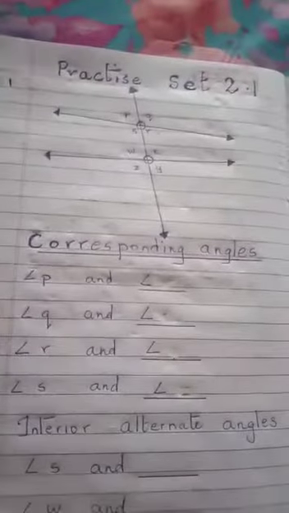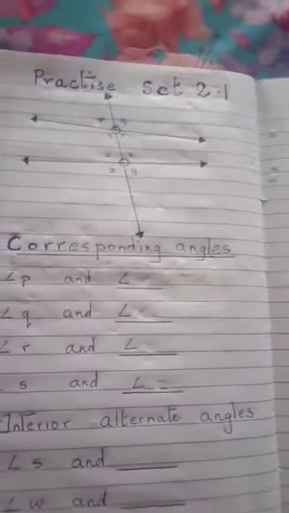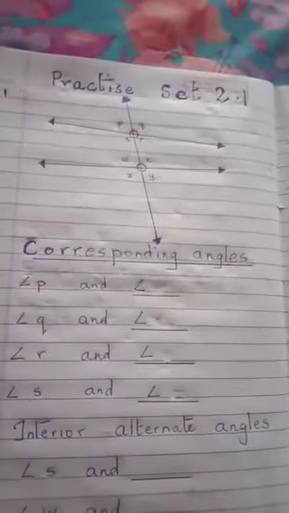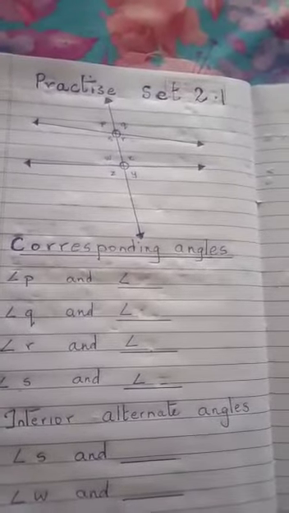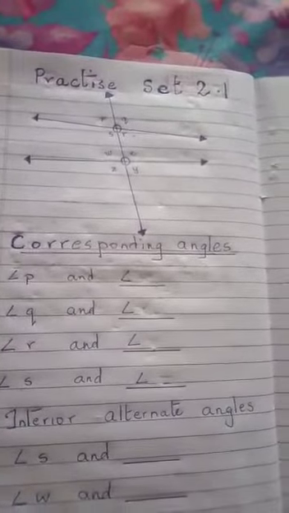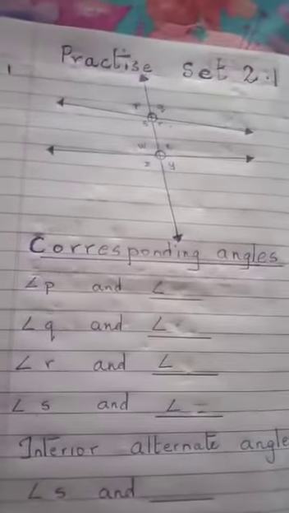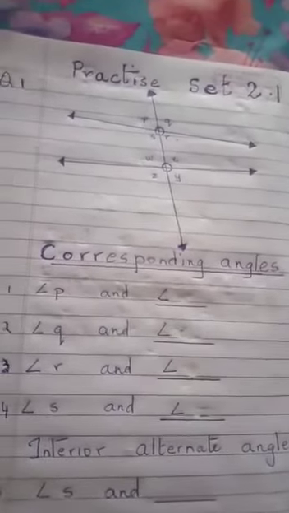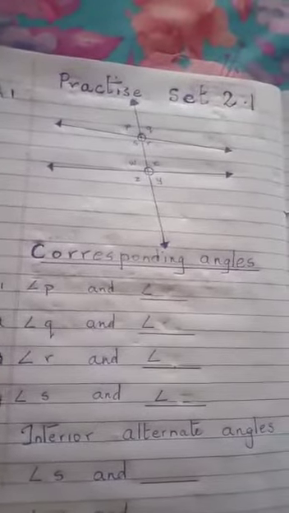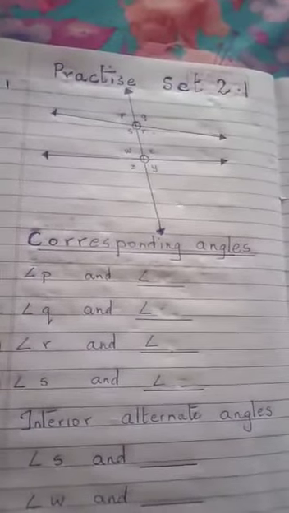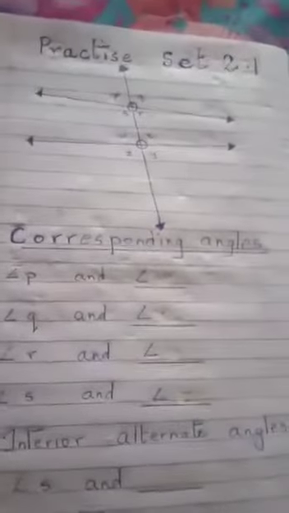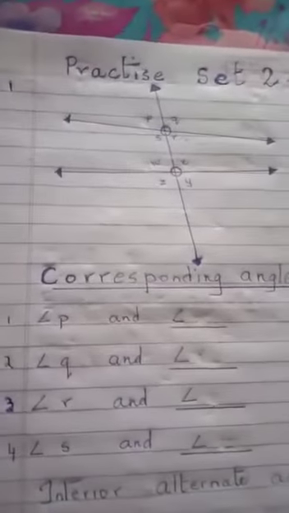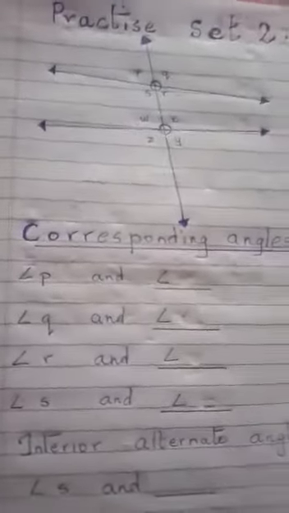As you have already learnt, when two lines are crossed by another line, that is the transversal, the angles in matching corners are called corresponding angles. Corresponding angles are always congruent or equal. They are on the same side of the transversal. Now look at the figure and let us fill in the blanks.